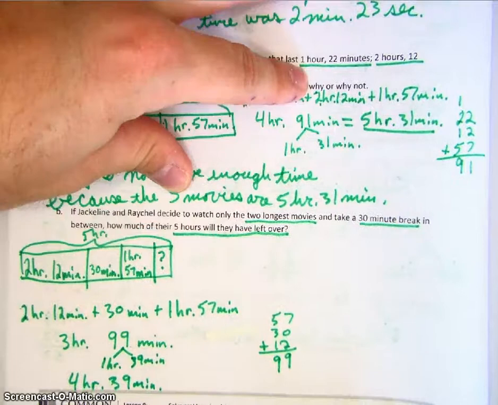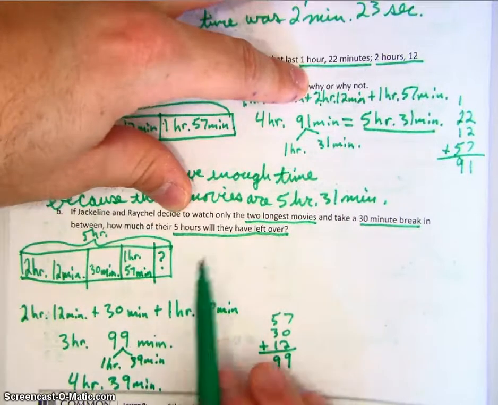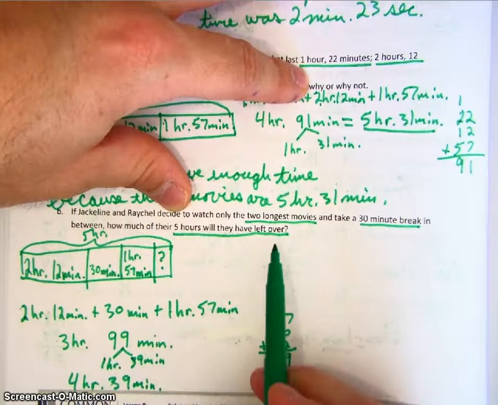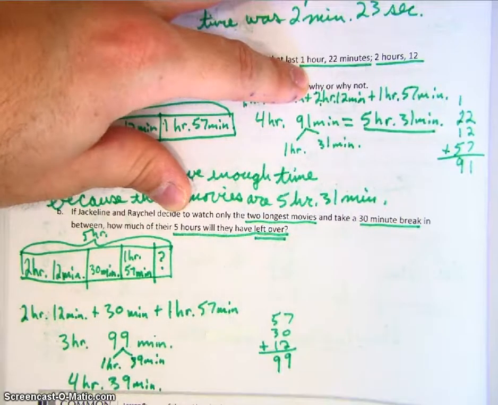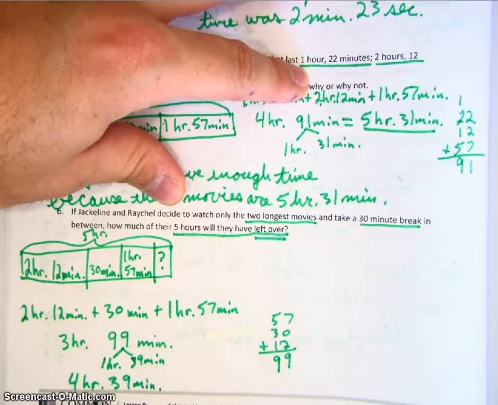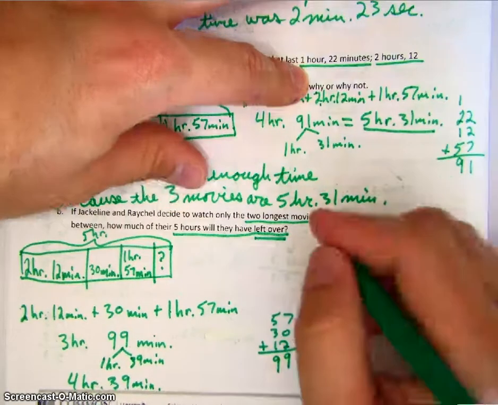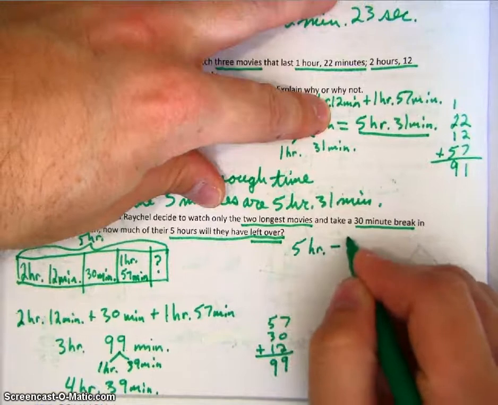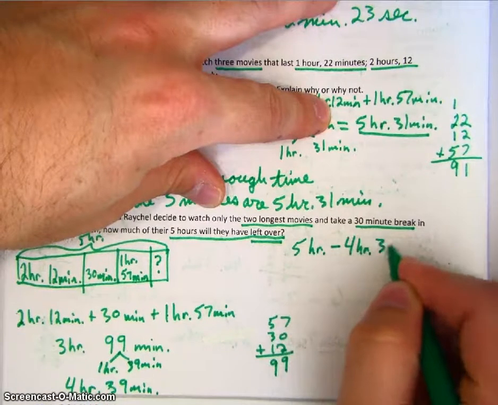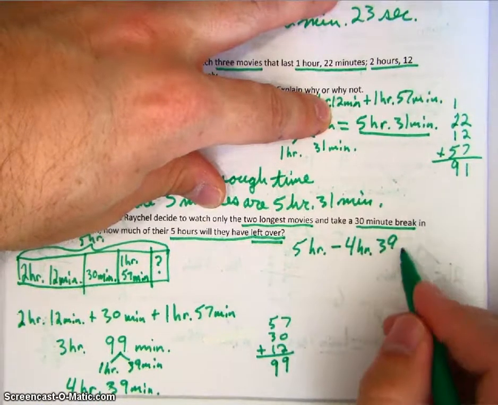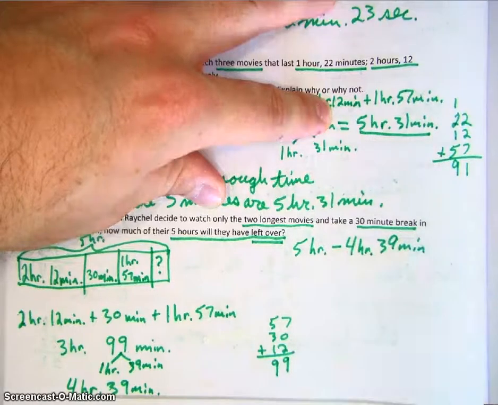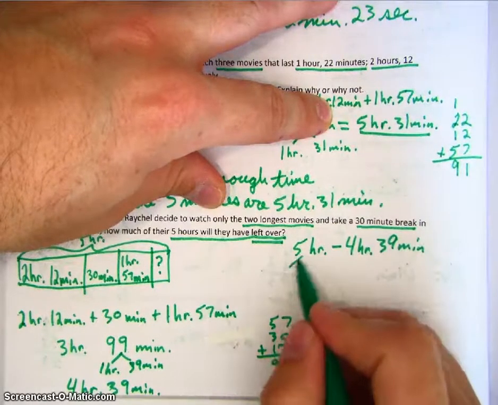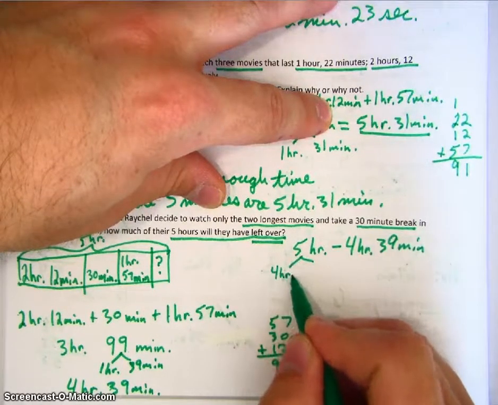But now again, go back to the question. We want to know how much time they will have left over. So now we've got to take the amount of time that they've used and subtract that from the 5 hours to see how much time they have left over. So 5 hours minus the 4 hours, 39 minutes. Our 5 hours could become 4 hours, 60 minutes.